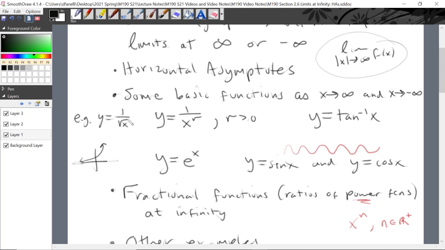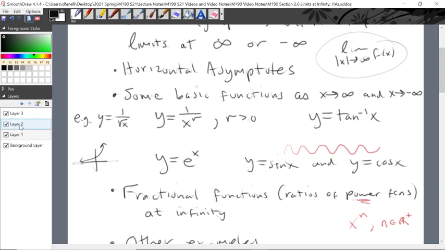But notice also that because the domain is that x is greater than or equal to 0, we cannot plug in negative numbers into this. So we can't take the limit of this particular example as x goes to negative infinity. There are no negative values of x that we could even plug into this.